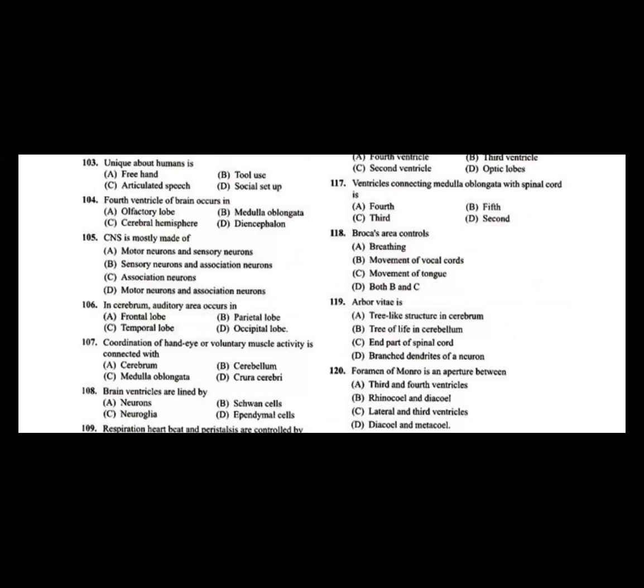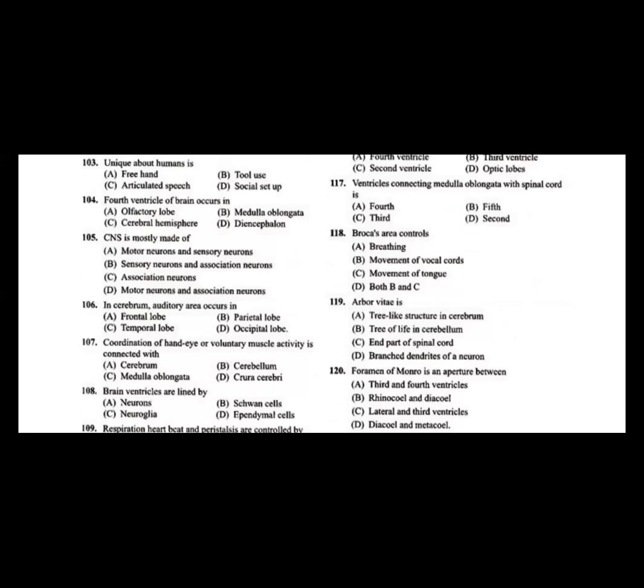Question number 104, students. The fourth ventricle of the brain occurs in the medulla oblongata. Ventricles are not given in NCERT, students, but we have studied them in class. So the fourth ventricle of the brain occurs in the medulla oblongata. Question number 105. The central nervous system is mostly made up of only motor neurons and sensory neurons, A?